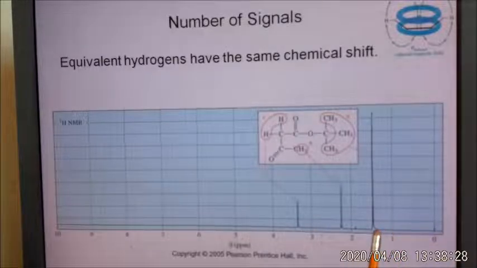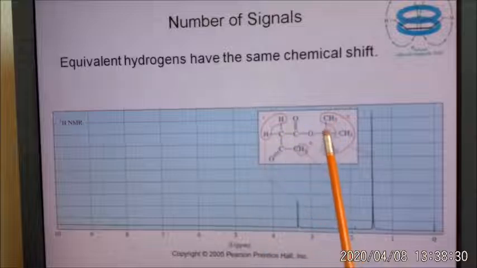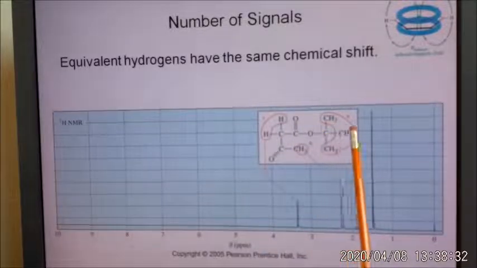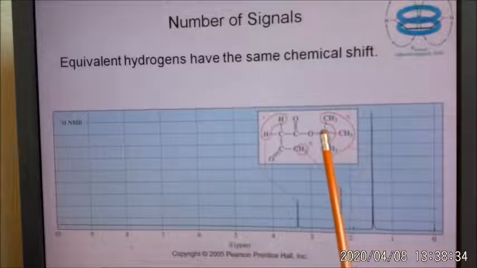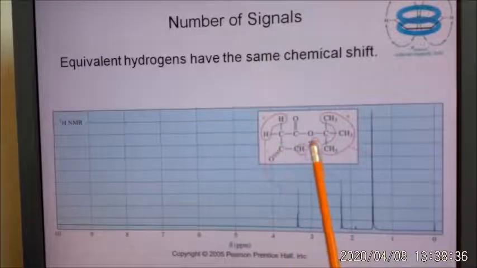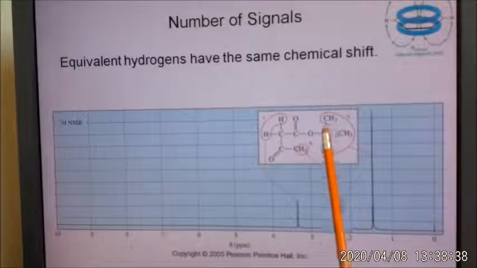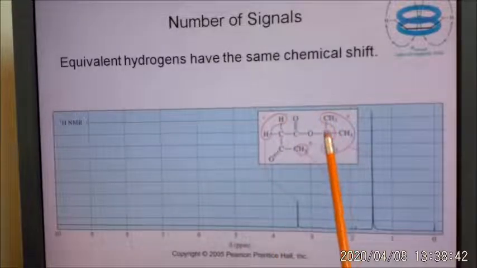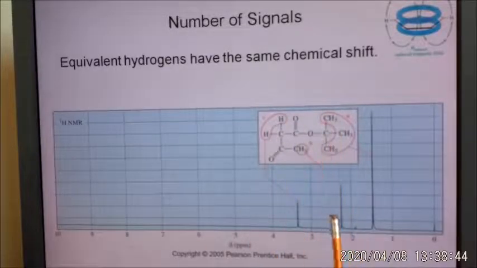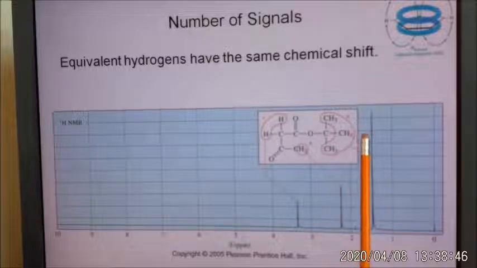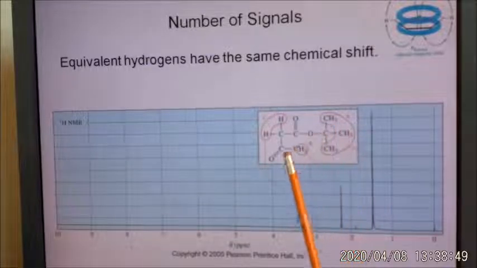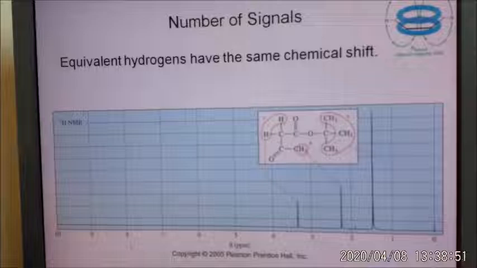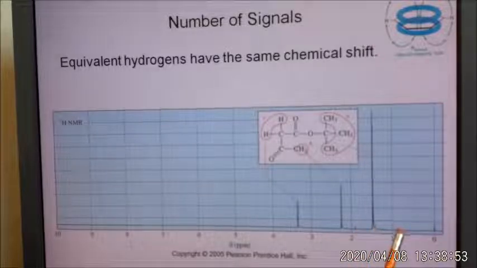It gets moved downfield because it's next to an oxygen on a carbon. These hydrogens are on a carbon next to a carbon next to oxygen. So if these hydrogens were on the carbon on the oxygen, they would be over here, higher. But then a hydrogen on a carbon to carbon to oxygen, that influence is farther away. You're only going to shift it downfield about basically 0.6 ppm.